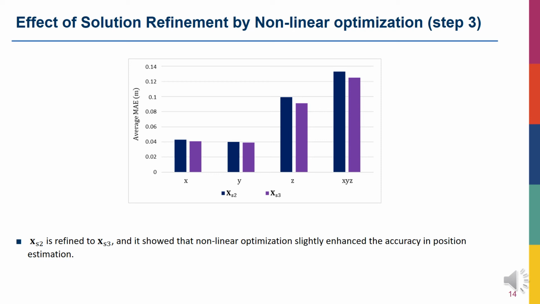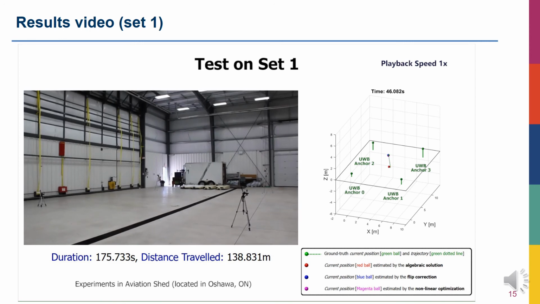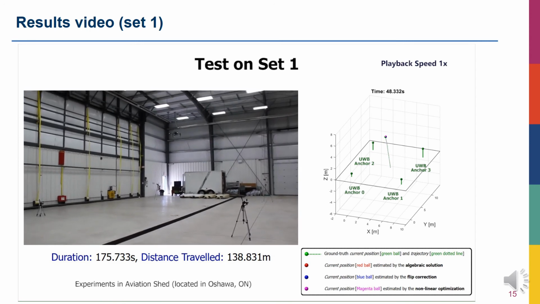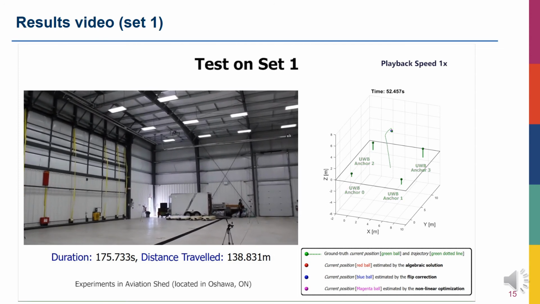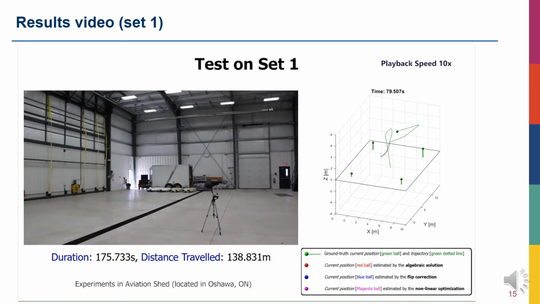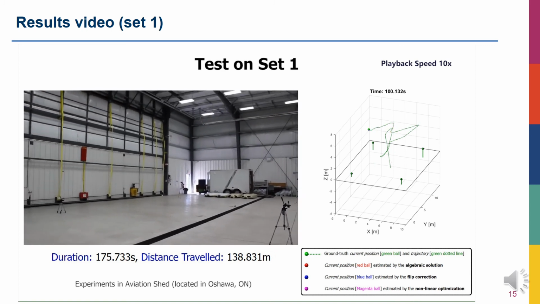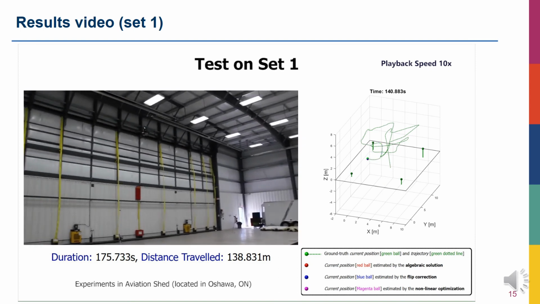It can be noticed that nonlinear optimization slightly enhanced the accuracy of positioning. Here's the result of set 1 visualized in 3D. The red dot is the result of step 1, the blue dot is the result of step 2, the magenta dot is the result of step 3, and the green dot is the ground truth.